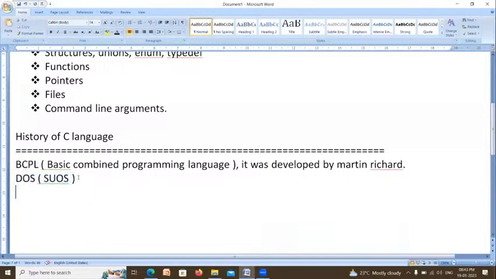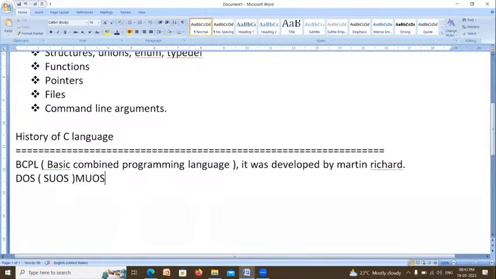Multiple users cannot use this operating system. A single user operating system is insufficient for multiple users. So they needed to develop a multi-user operating system.